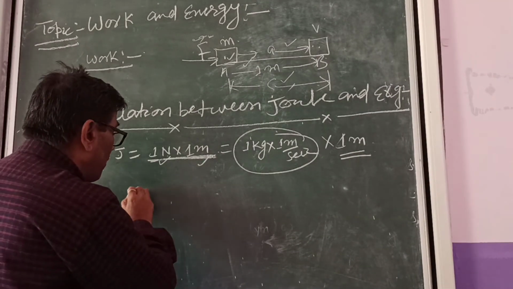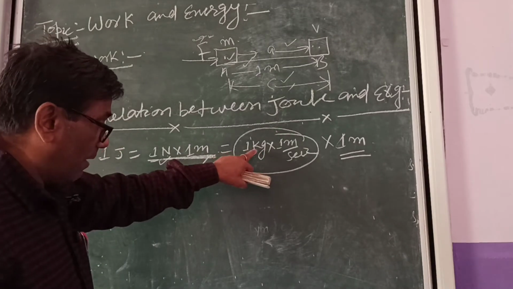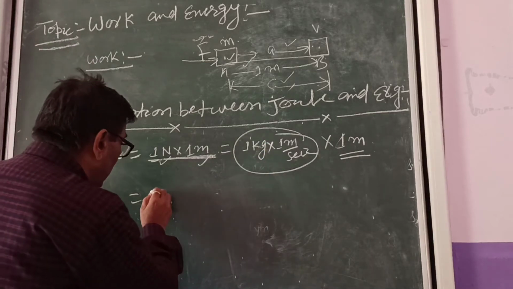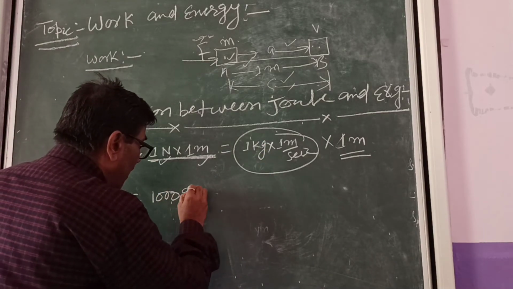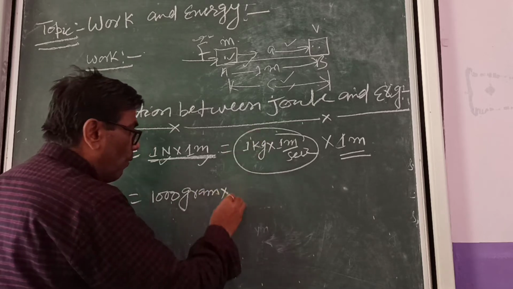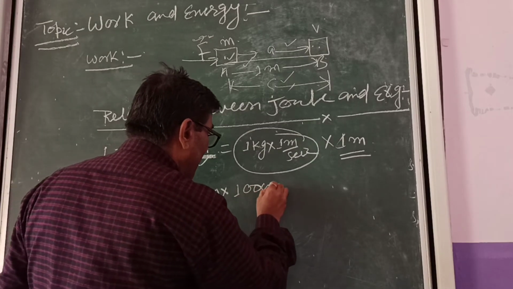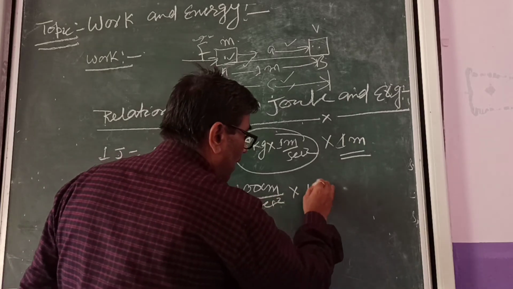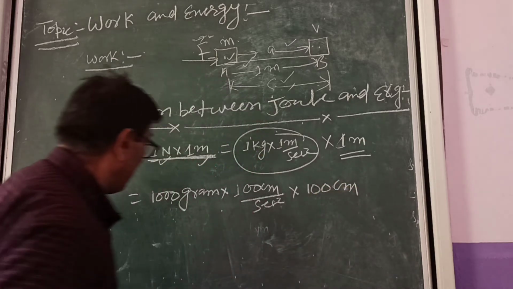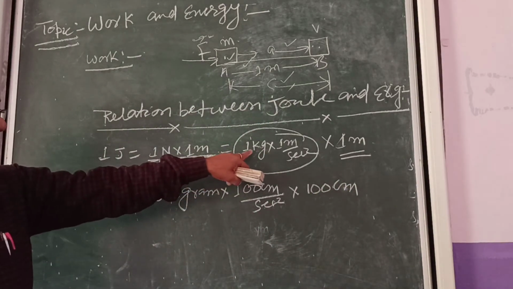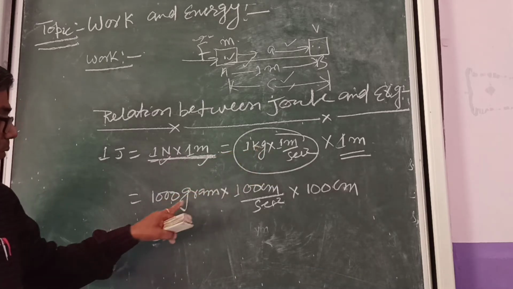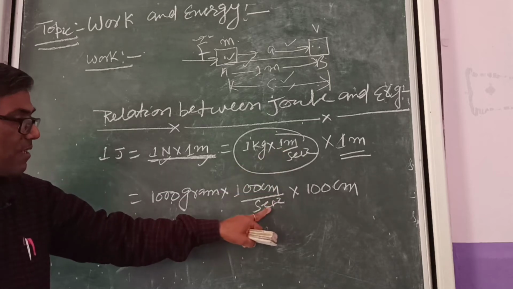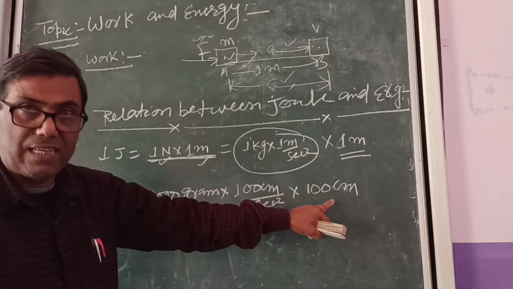Now we can convert the SI units into CGS units. 1 kg is equal to 1000 gram, 1 meter is 100 centimeter per second square, and 1 meter is equal to 100 centimeters.